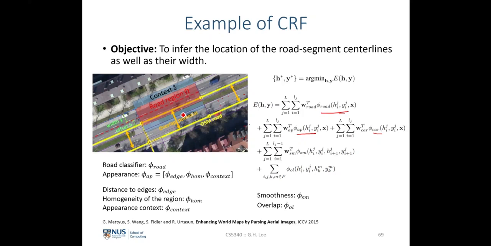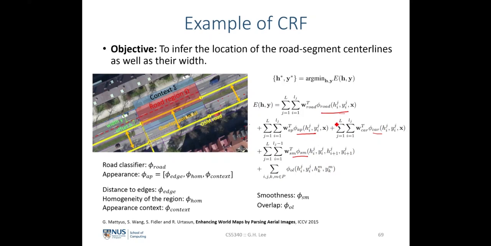And we want all these road segments to be smooth. That means that each one of the segments should be continuously smooth throughout the whole road, as well as overlap well with the observations. And in this case, we can model it using a conditional random field.